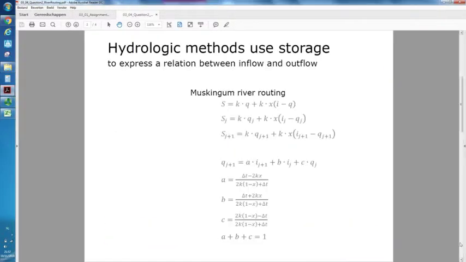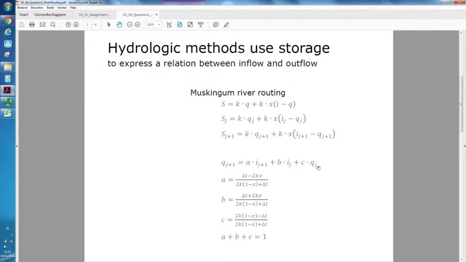So we will apply Muskingum again, but as we know, we can calculate a Qj plus 1 value, so an outflow value in the next time step, based on an equation: a multiplied with the inflow value in time step j plus 1, plus b multiplied with the inflow value at the current time step, plus c multiplied with the current value of the outflow.